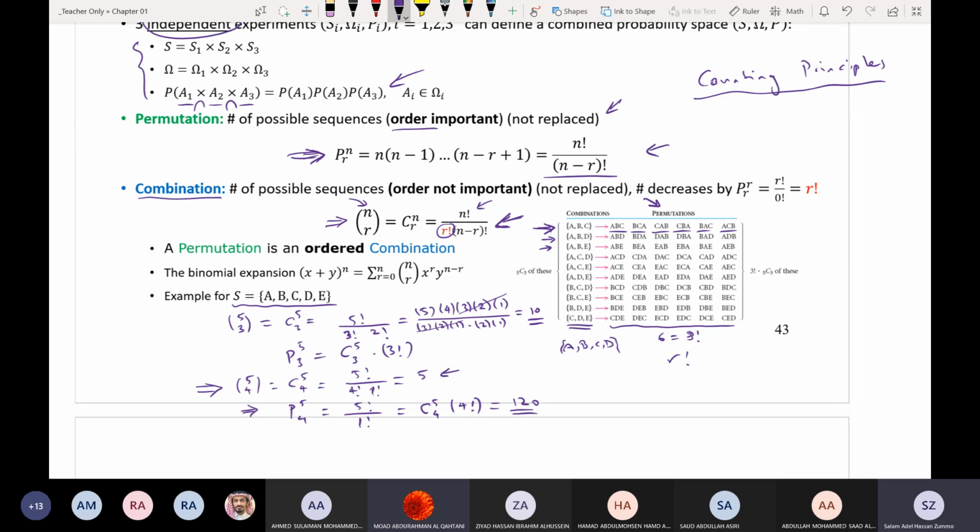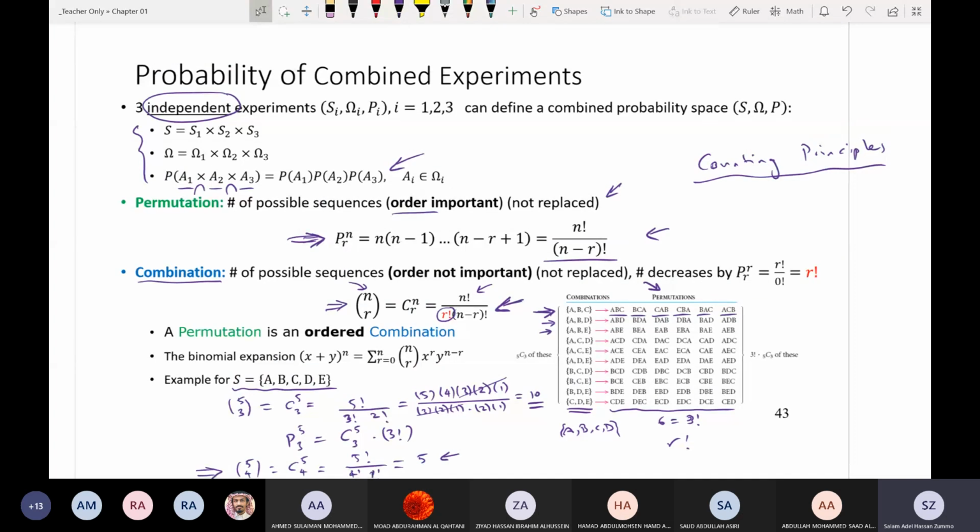Thank you. You're welcome. Now in questions, or in life, when do you use permutation and when do you use combination? First, both of them apply when there is no replacement, when you pick and you don't replace, because each time you pick without replacing, you are reducing the number of elements you are picking from.